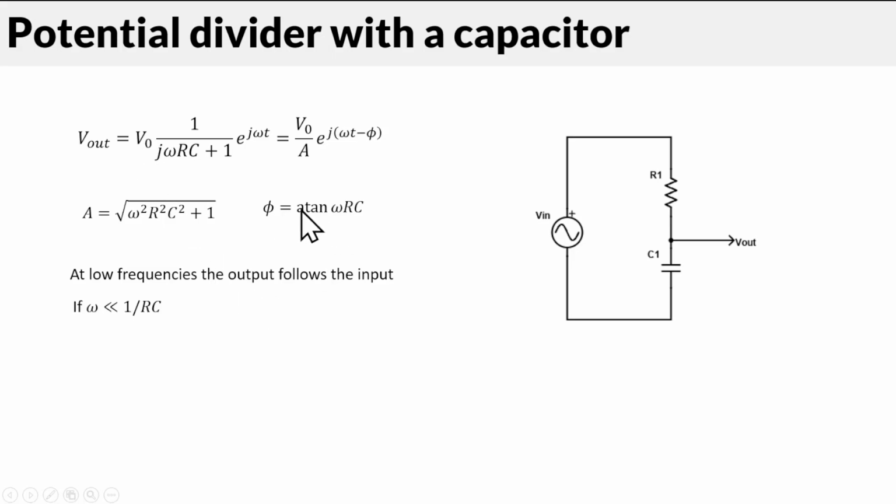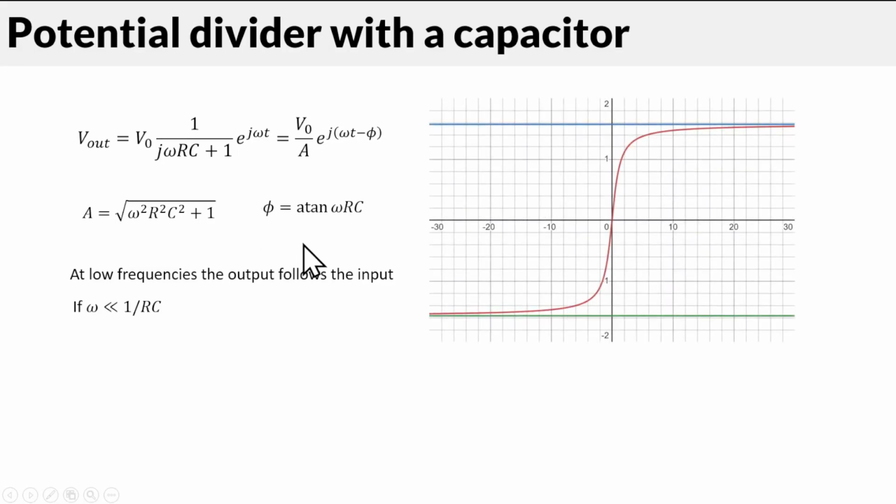But what about the phase? The phase that we get via the arctan function. So this is what the arctan function looks like. It starts from 0, and then as you increase the number in the arctan, this goes up and it approaches pi by 2 asymptotically. RC, of course, is constant, but omega is changing. If we increase omega, we're going to make this bigger, closer to pi by 2.